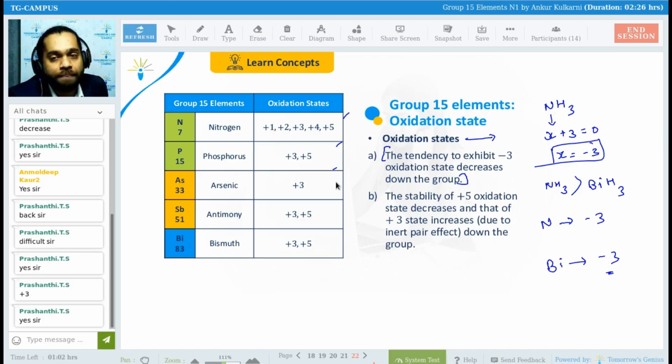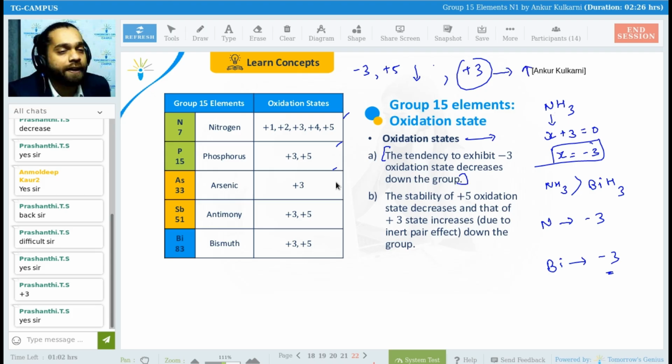So +5 and +3. Again, the -3 and +5 stability decreases, and +3 increases. Remember, group 15, write it down: -3 and +5 stability decreases, +3 increases. Now one more question. Nitrogen.